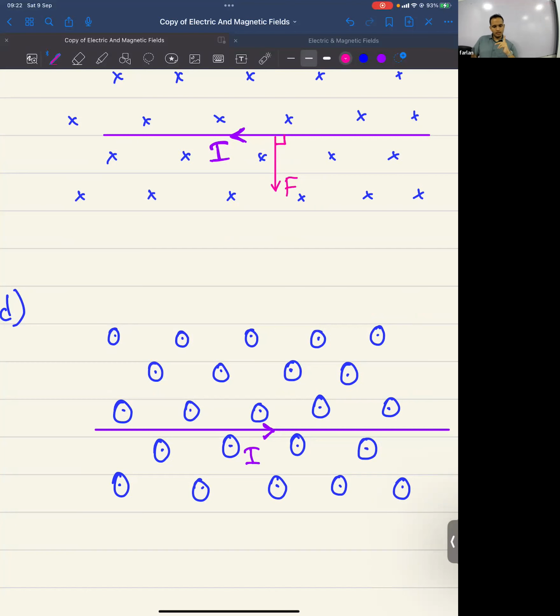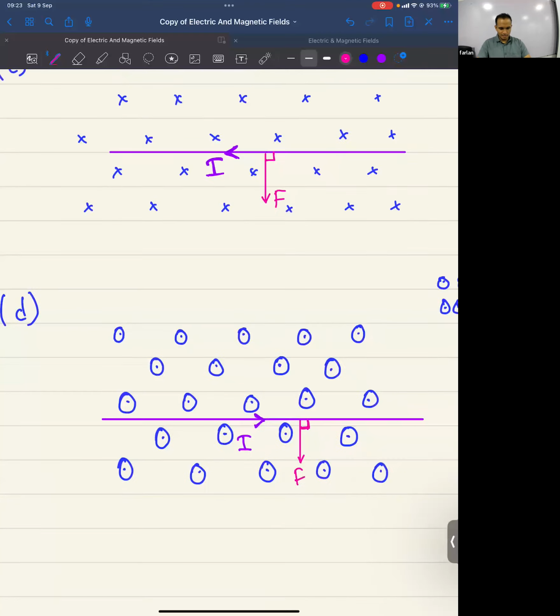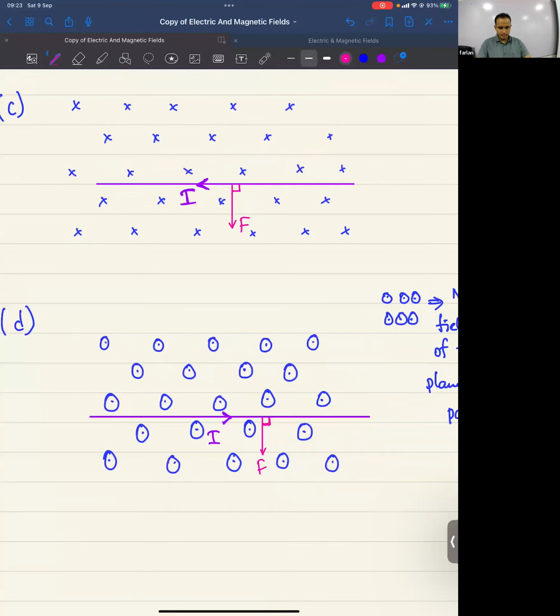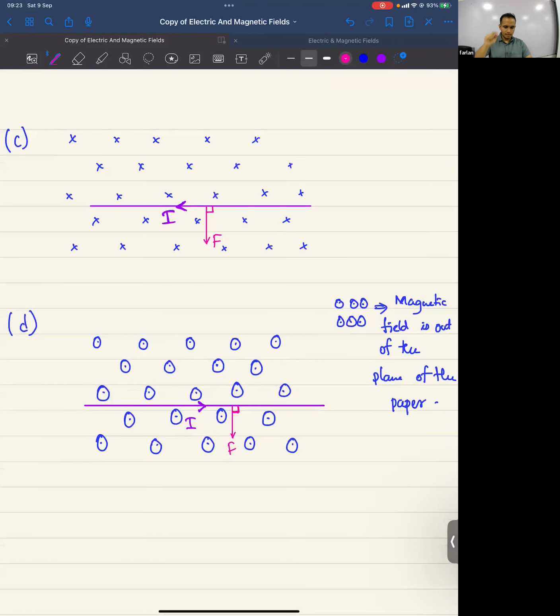B is this way, I is this way, so the force is downwards. And take down that notation: the dot in a circle means the magnetic field is out of the plane of the paper.